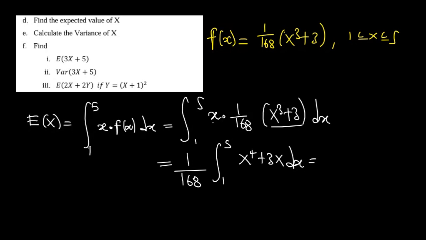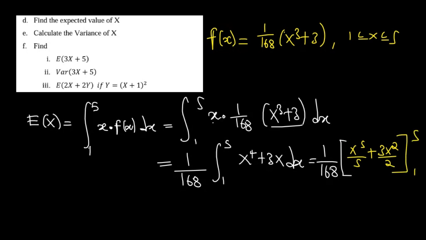When I integrate, this will be 1 over 168, and the integral will be x to the power 5 over 5, so you add 1 and divide by the new power, plus 3x squared over 2, and the limits are 1 to 5.